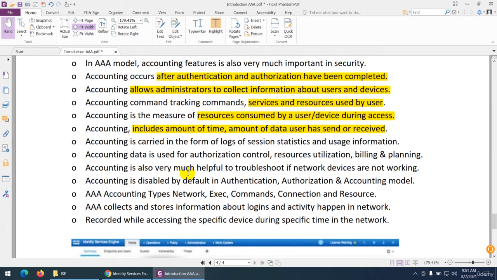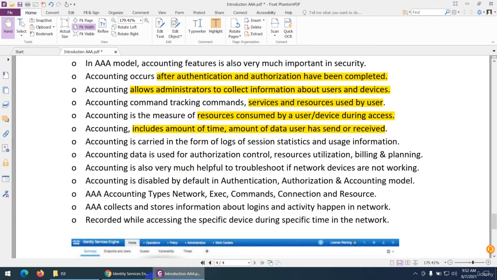It keeps statistics, usage of information, resource utilization, billing, planning. You can use this accounting for many purposes: for troubleshooting purpose, for audit purpose, to trace someone, for so many other purposes you can use this accounting.